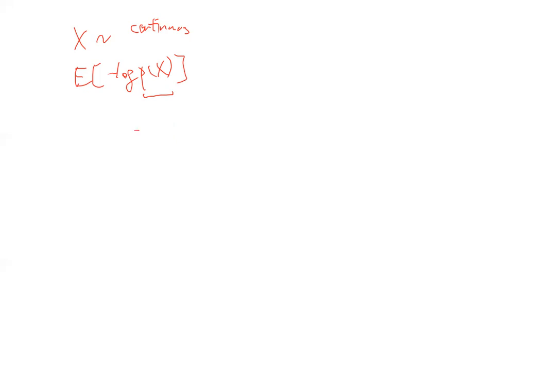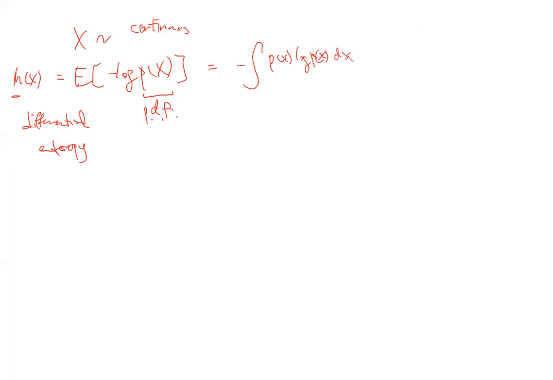This is the PDF, the probability density function. Typically a lowercase h is used to denote the entropy here, and people call this differential entropy. Note that the expectation, when expanded out, should be an integral, because now this is a PDF, so we get the integral of p(x) log p(x) dx.